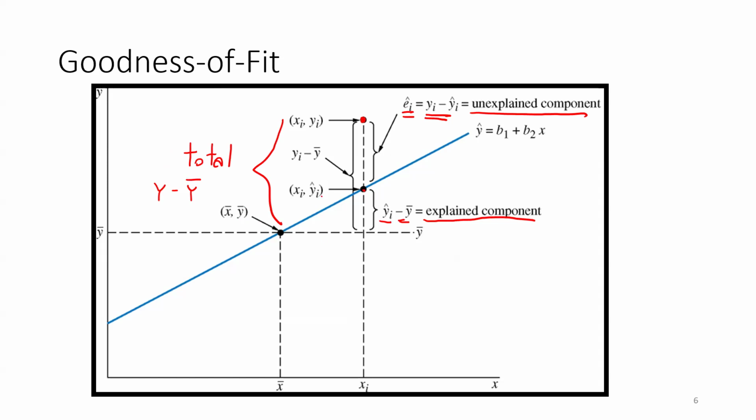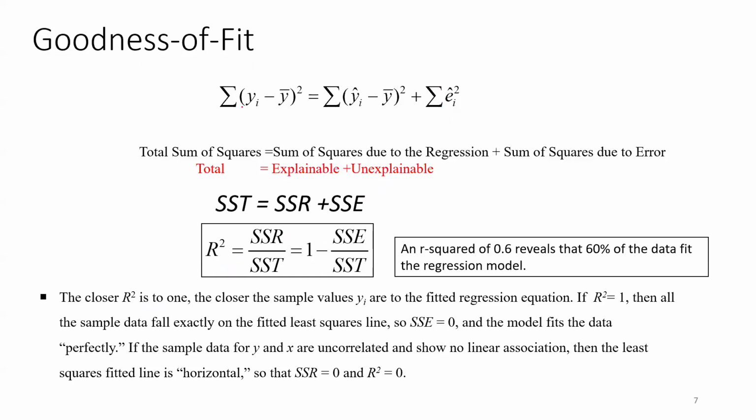Let's go to the next slide, which means make it square: total equals something that you can explain plus something that you can't explain.